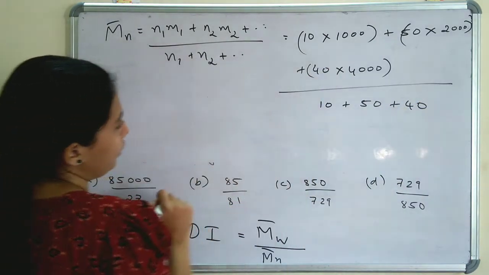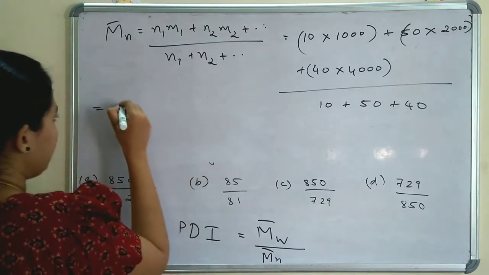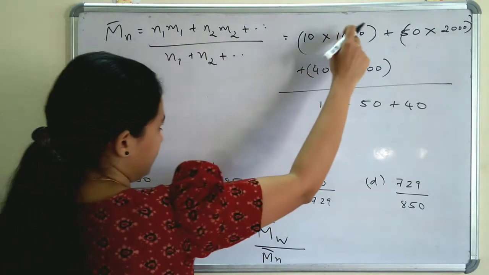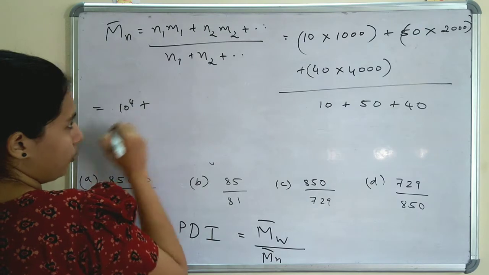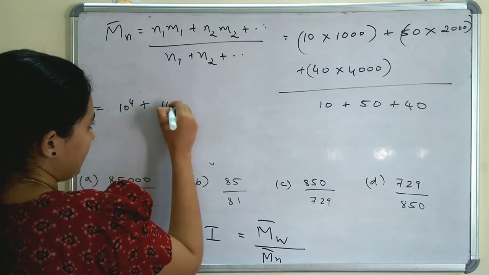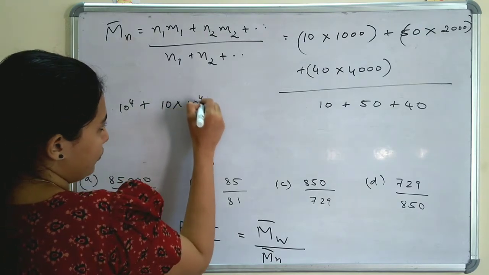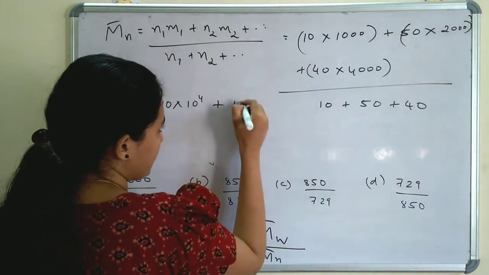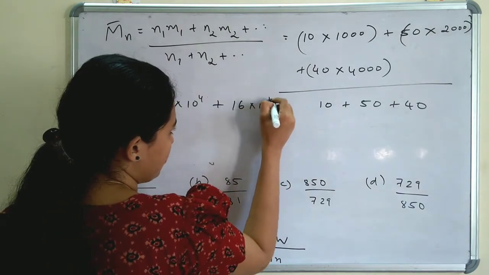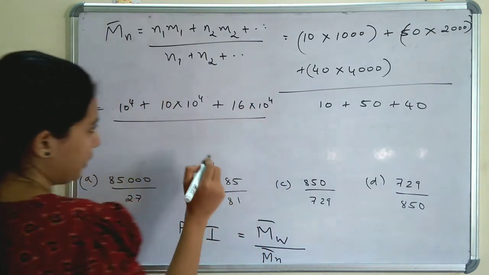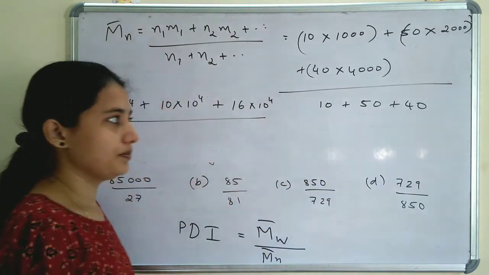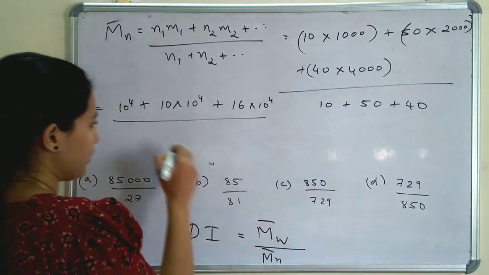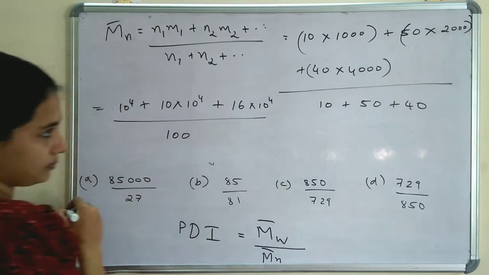So 10 into 1000, that is 10 raised to 4, plus 50 into 2000, 5 twos are 10, so 10 into 10 raised to 4, plus 40 into 4000, 4 fours are 16 into 10 raised to 4, divided by 10 plus 50, 60, 60 plus 40, 100.